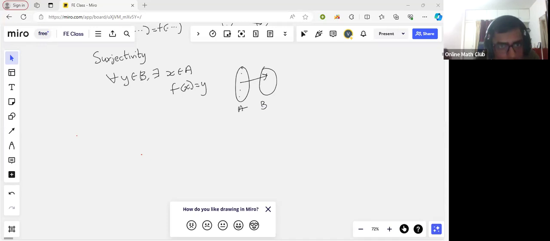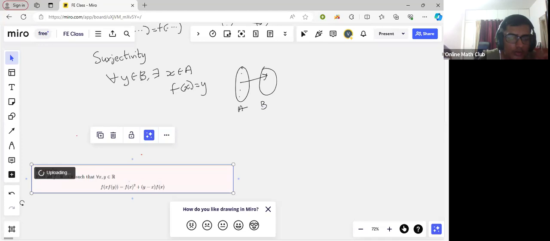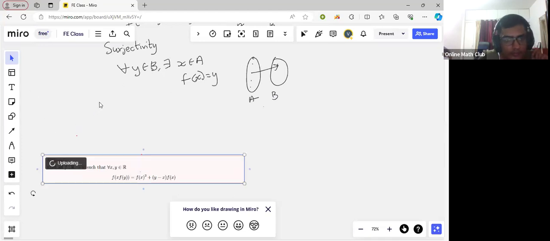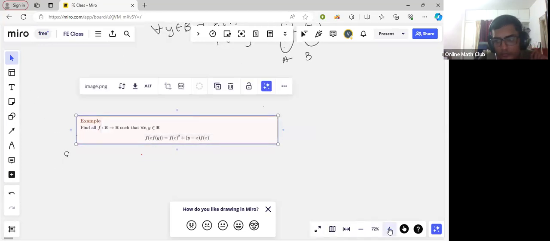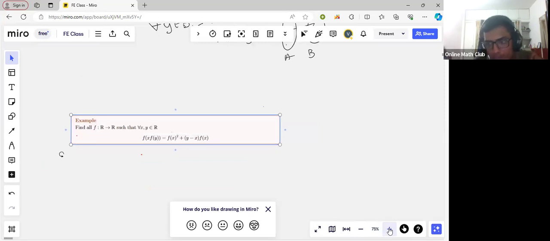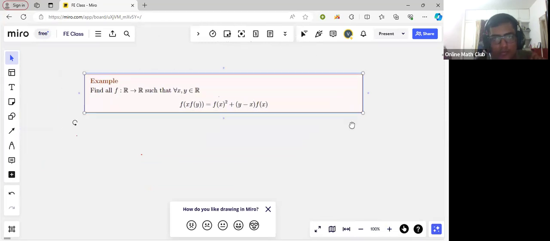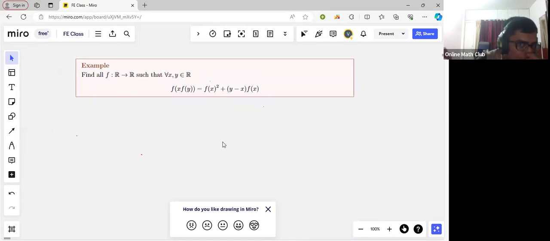Suppose we have a function from the set of real numbers to the set of real numbers so that we have this condition: f of x, f of y is equal to f of x whole square plus y minus x into 12.